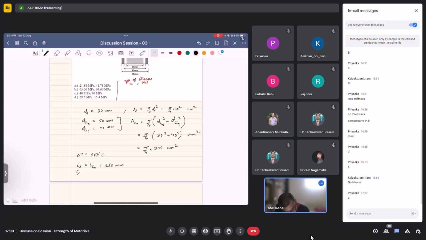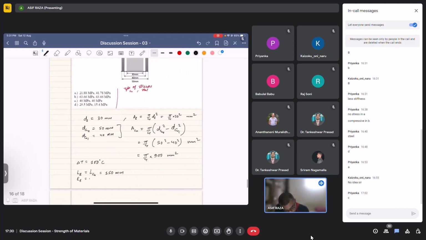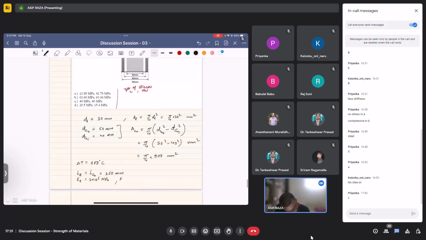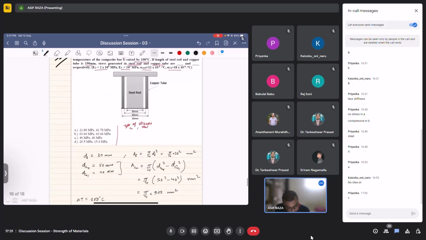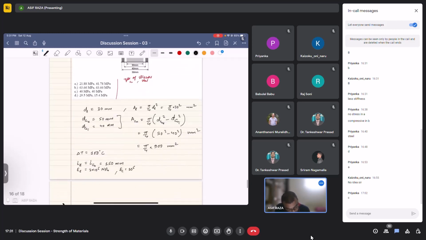Young's modulus of steel is 2 into 10 to the power 5 MPa, and that of copper is 10 to the power 5 MPa only.